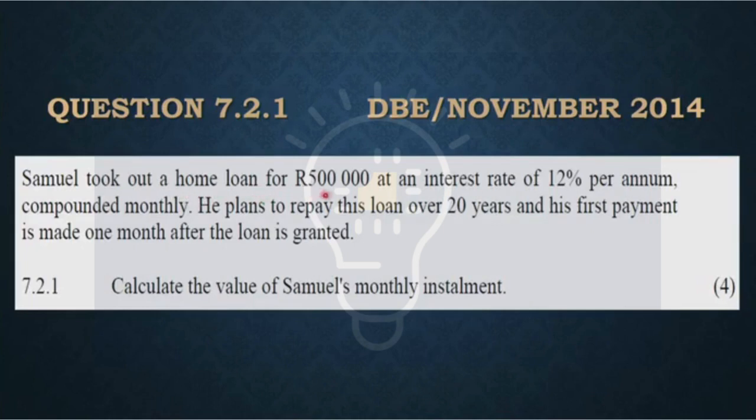The home loan for 500,000 rand at an interest rate of 12% per annum, compounded monthly. He plans to repay this loan over 20 years, and his first payment is made 1 month after the loan is granted. That qualifies as a present value annuity.